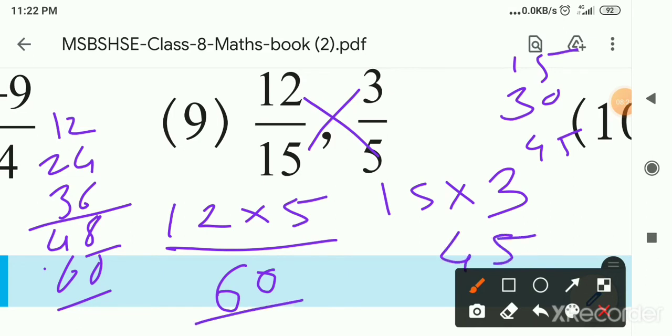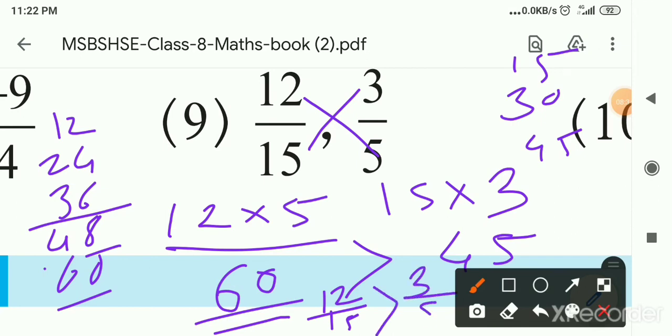Now which number is greater? 60 is greater than 45, and therefore 12 upon 15 is greater than 3 upon 5.